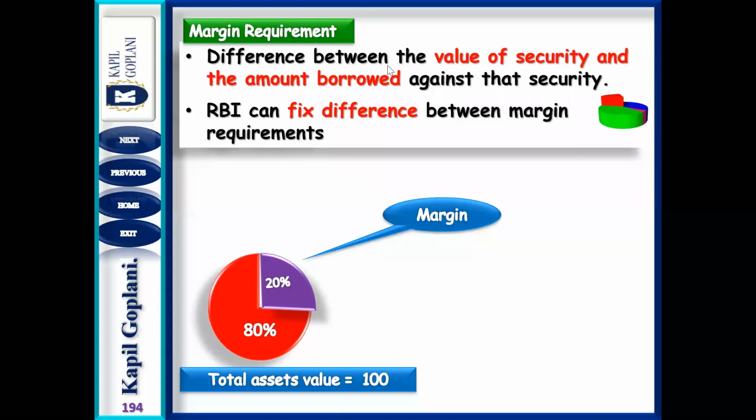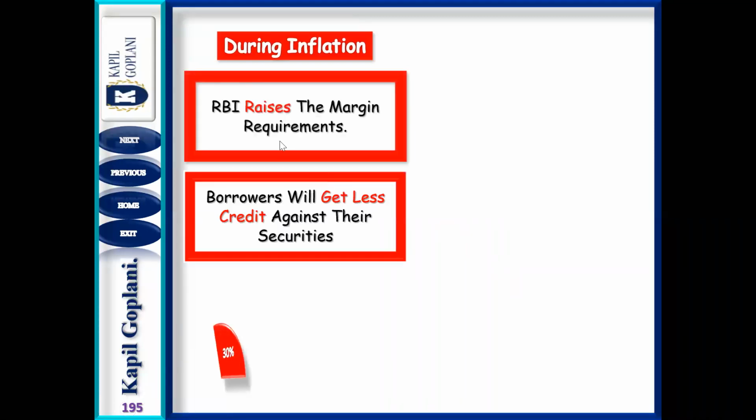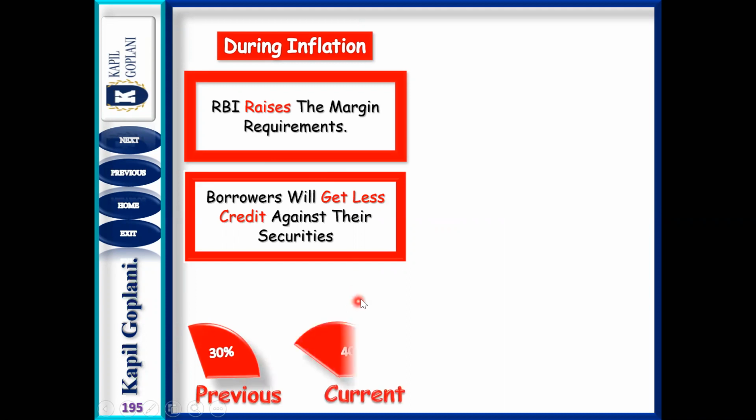Now what will be the effect under inflation and deflation? At the time of inflation, RBI raises the margin requirement so that borrowers do not get more loan amount. Borrowers will get less loan if margin requirements are increased. Suppose it was 30%, now it is 40%.